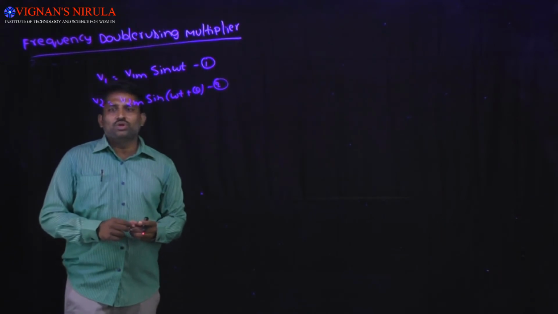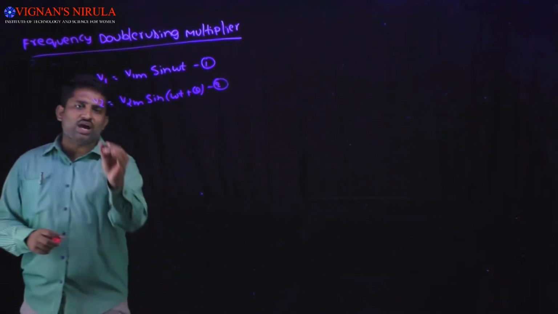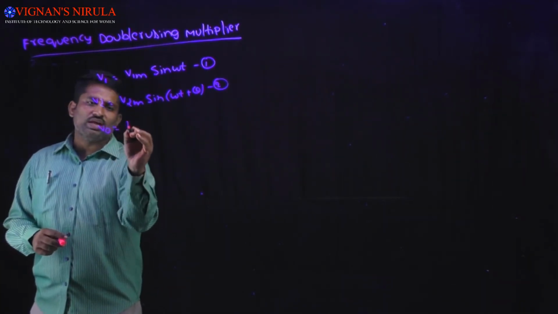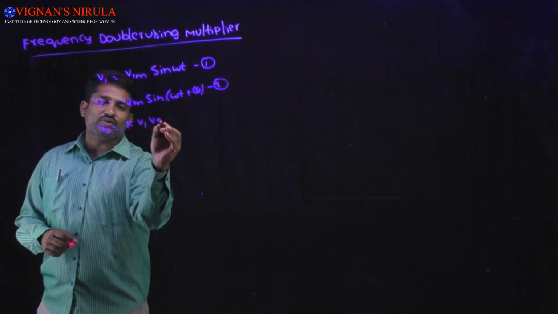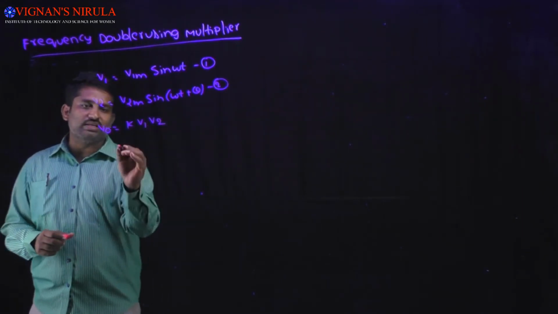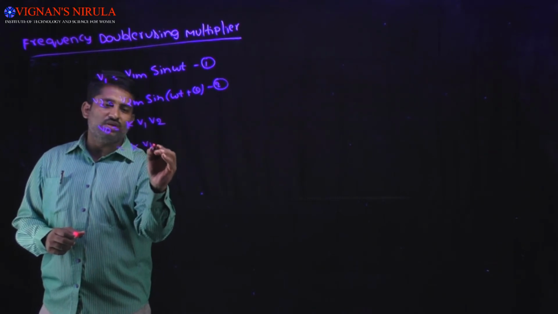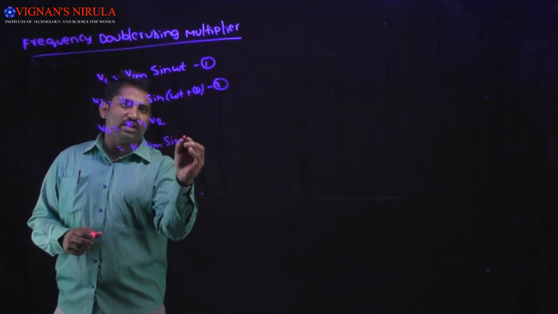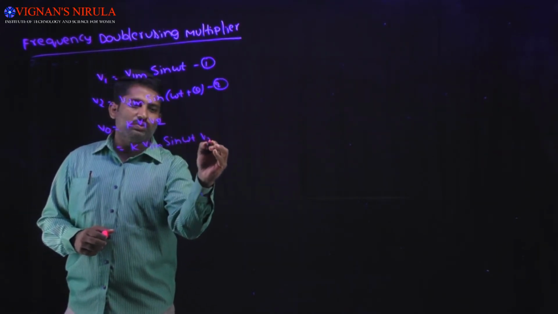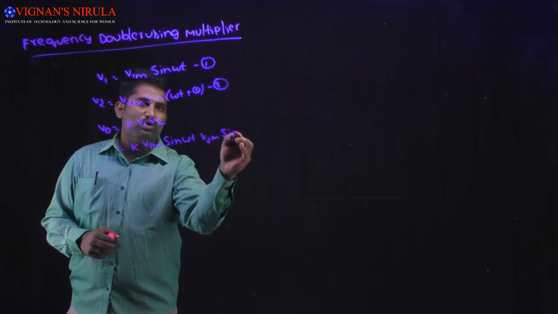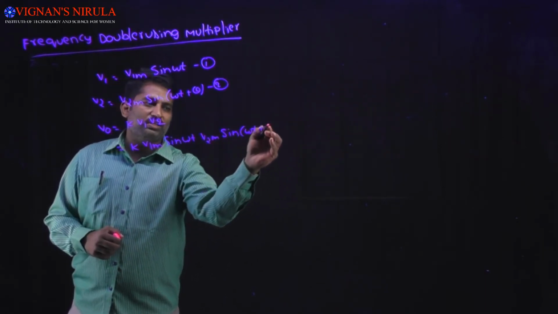Okay, so the output voltage V0 will be equal to K into V1 into V2. So what we are getting is K into V1m sine omega t into V2m sine of omega t plus theta.